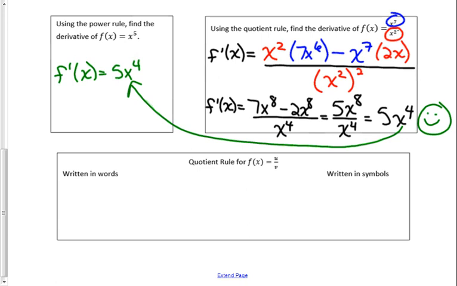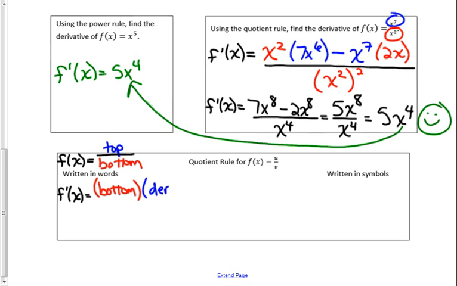Let's go ahead and write that out now. So written in words, I'm going to start by rewriting my function. So my function, instead of calling it u divided by v, I'm going to call it top divided by bottom. And let's write out what this derivative is going to look like. So this derivative, again, I start with the bottom, and I multiply that by the derivative of the top.